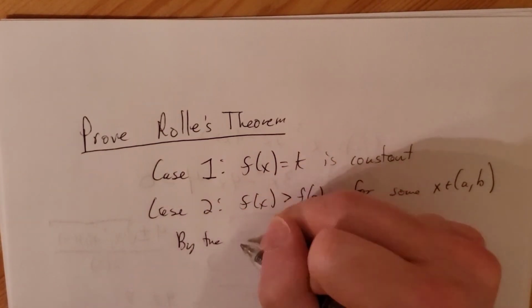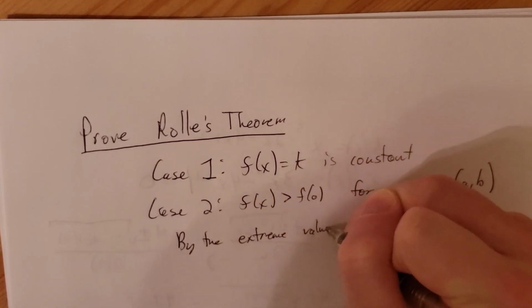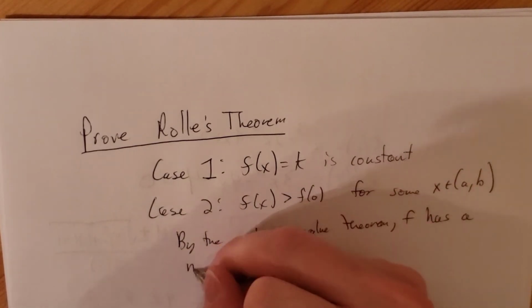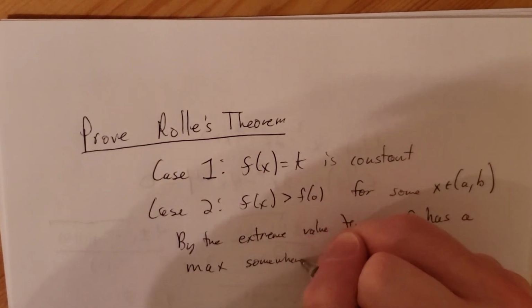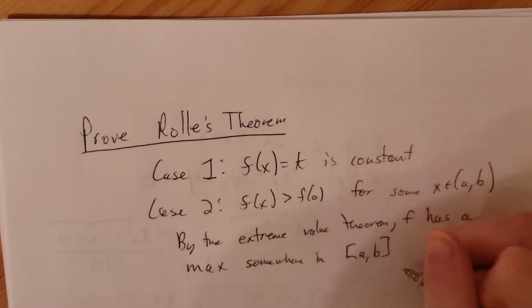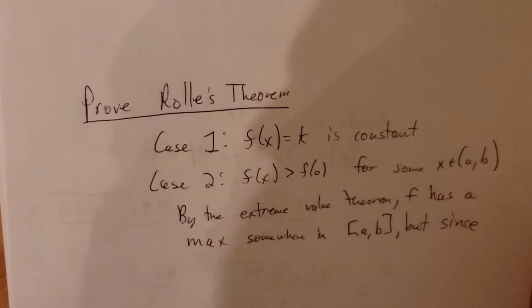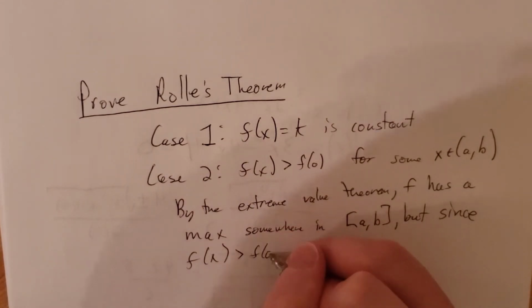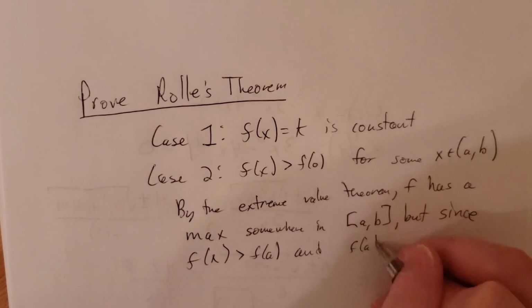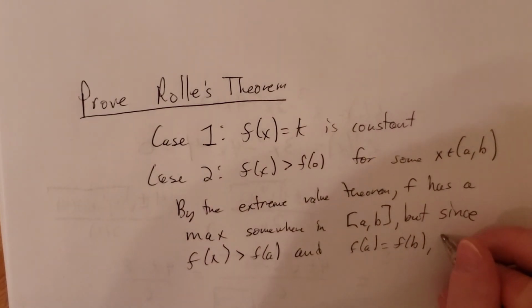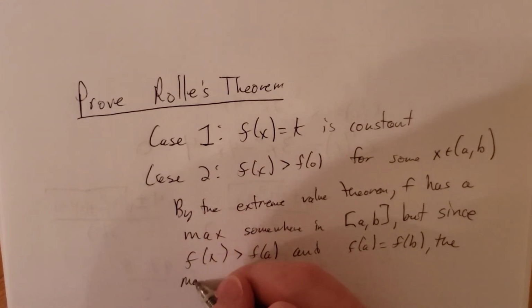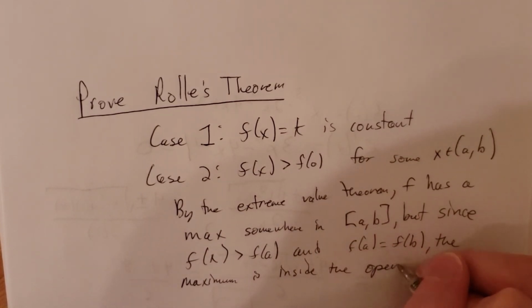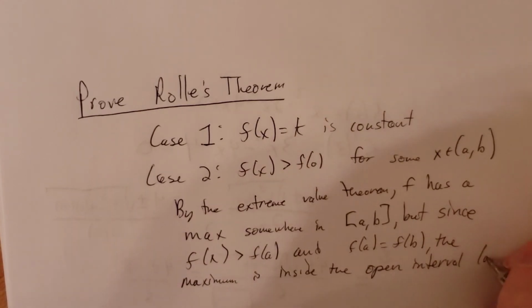Well, by the extreme value theorem, f must have a max somewhere in the closed interval a to b, but since f of x is greater than f of a and f of a is equal to f of b, then the maximum is inside the open interval a to b.